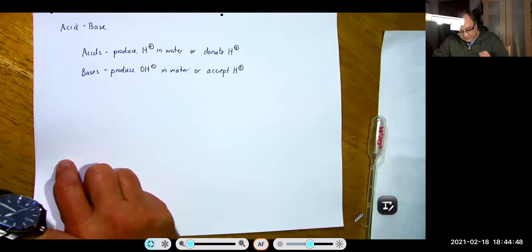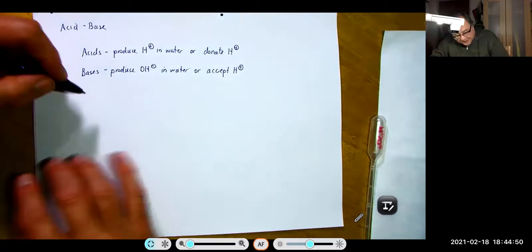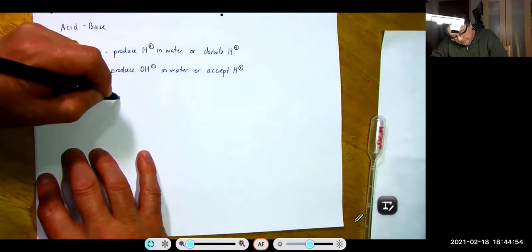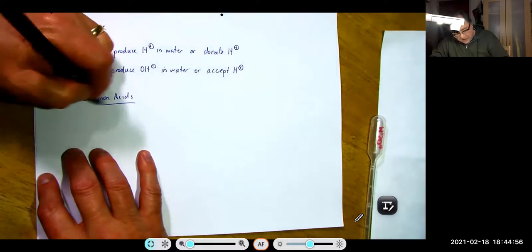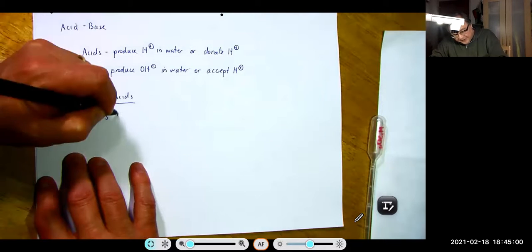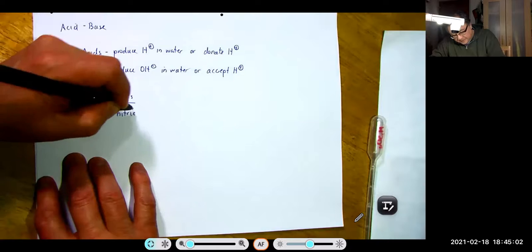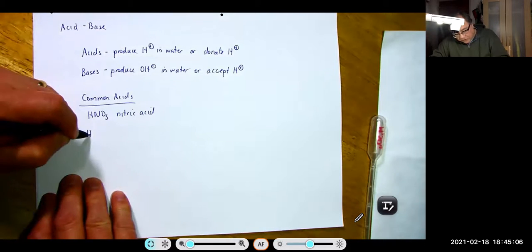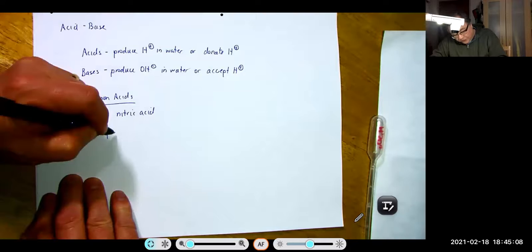All right, let's take a look at some common acids. This is a common acid. It's called nitric acid. This is a common acid. It's called sulfuric acid. It's one of the ones you use in this lab.